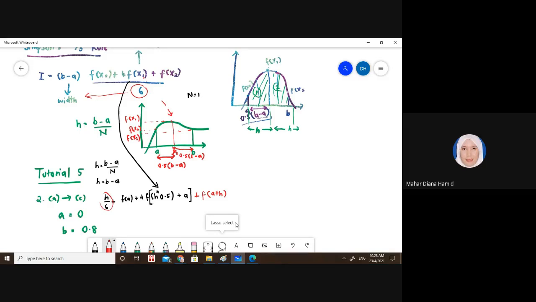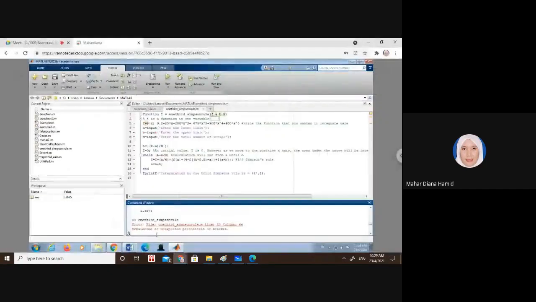So in the future, I might ask you to solve a certain function using a certain Newton-Cotes closed integration formula. We actually have more than 10 Newton-Cotes closed integration formulas. So your job here is to know how to integrate that particular equation into MATLAB. So this is for the 1/3 rule.